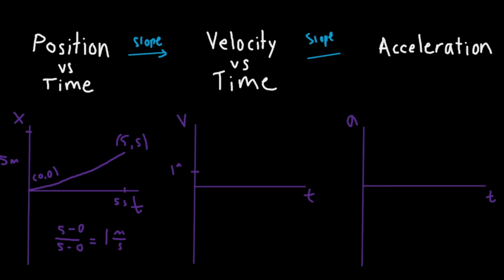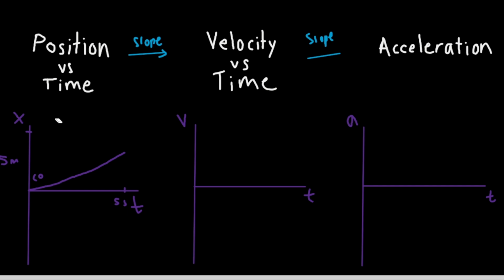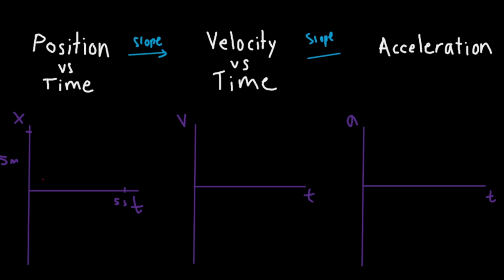Okay, so the last example would be not a line, but a curve. So, let's say the object started at position 0, and slowly curved upward until it hit 5 seconds.